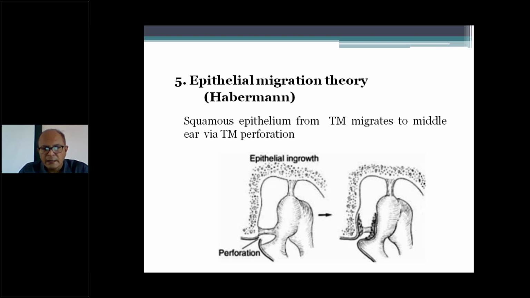So if a patient develops adhesive otitis media, the obvious question will be, sir, why does retraction occur in the posterior superior quadrant first, not in the antero-superior or antero-inferior or posterior-inferior quadrant?